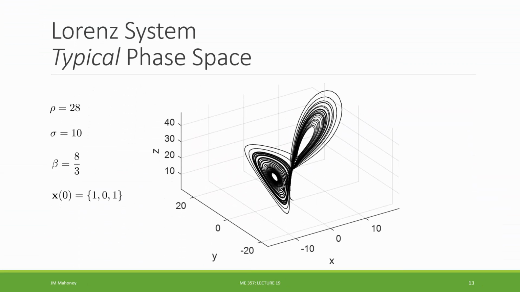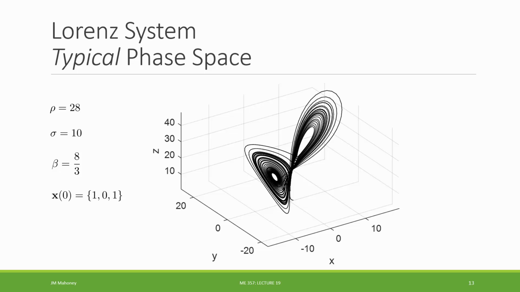All right, so this is the really nice picture that comes out here if we use these particular parameters: a rho of 28, sigma of 10, and beta of 8/3. And here I'm just saying my initial conditions are that x is 1 at the start, y is 0, and z is 1. All right, so if we solve it using ODE45, and this was simulated for t equals 0 to t equals 50. So again, let's say this is making predictions 50 days out.